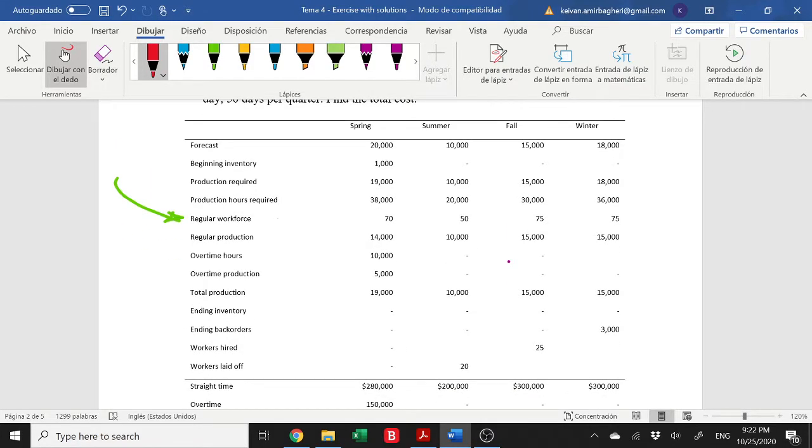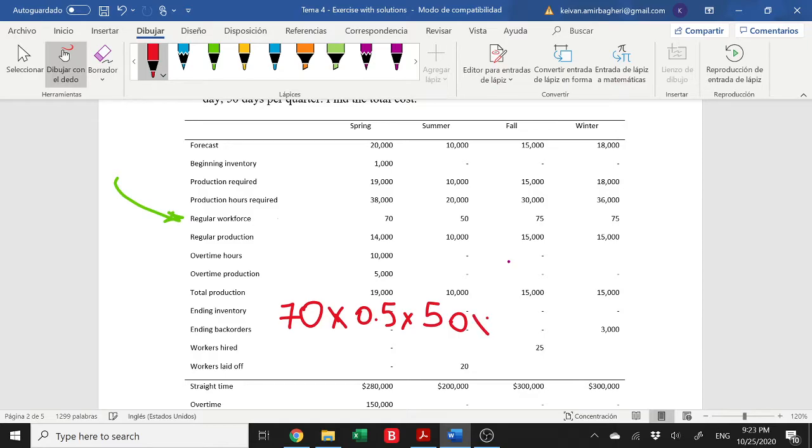I write it here. I'm calculating the production for the spring for the regular number of workers that we have. 70 workers, multiplied by 0.5, which is the productivity, multiplied by how many working days? 50 working days.